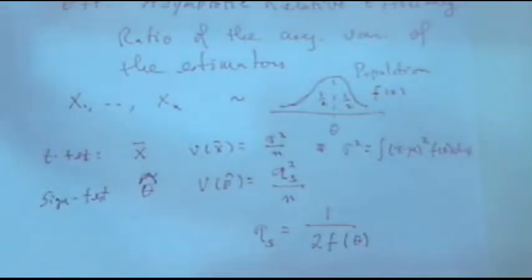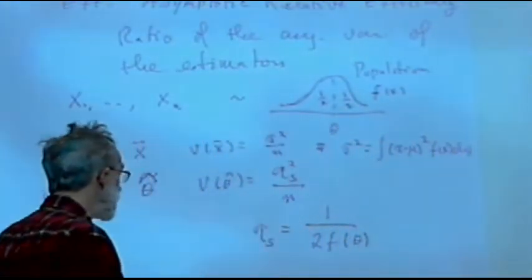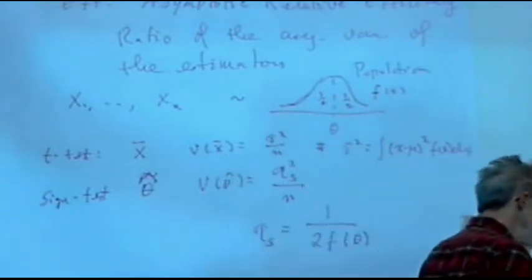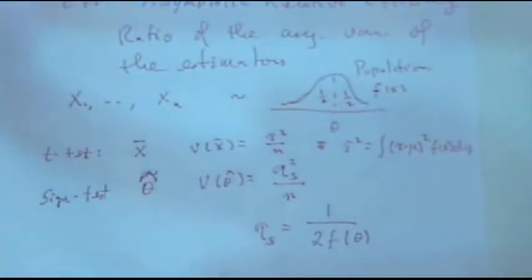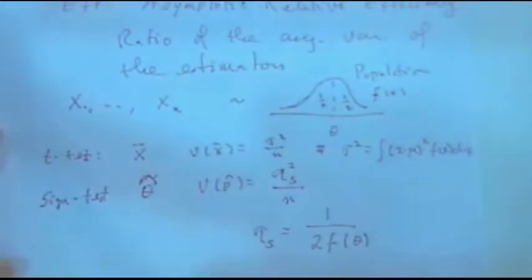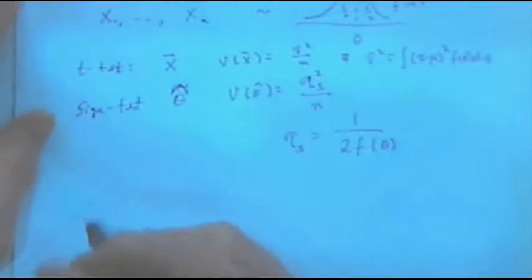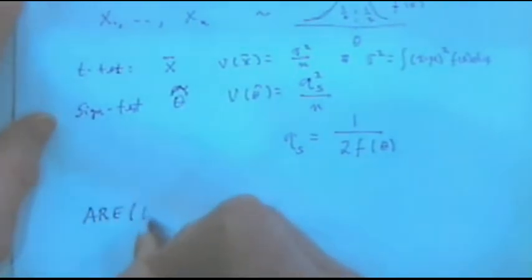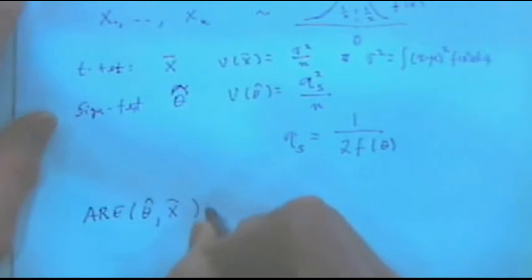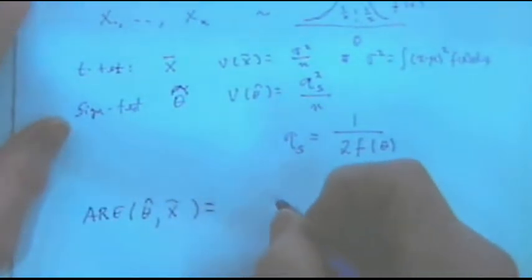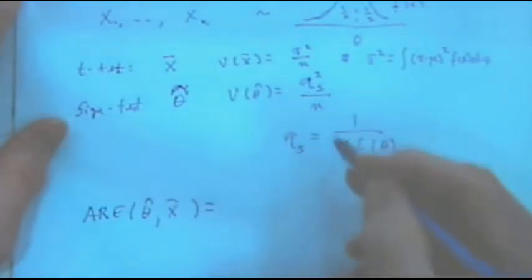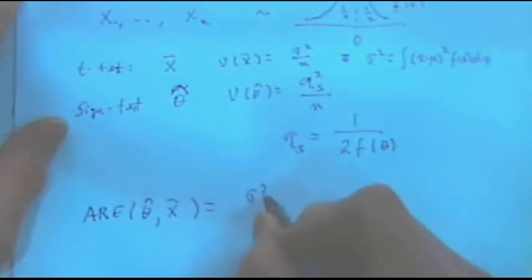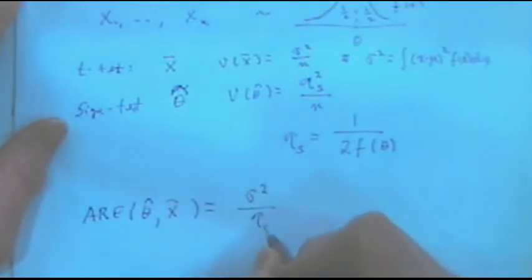And then let's do the ARE between theta hat and x bar. It's just the ratio of the variances, and the n's always cancel out, so it's just sigma squared over tau sub s squared.